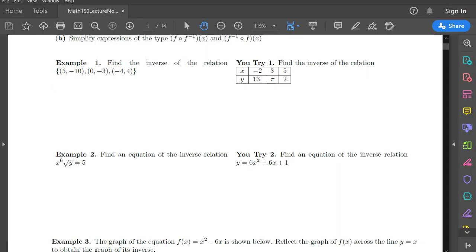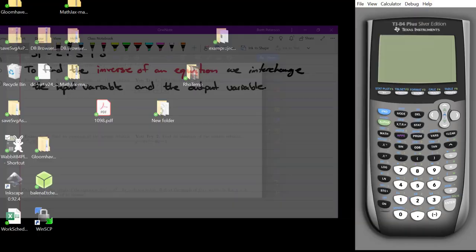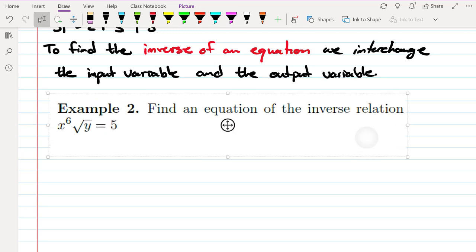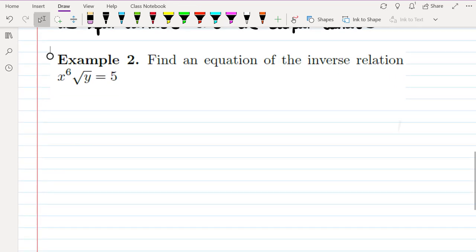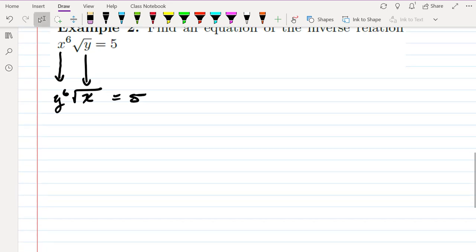So let's take a look at our next example. We want to find the inverse of this relation. So all of our x's are going to become y's, so we get y to the 6th power times the square root of our y becomes an x is equal to 5. And that would be the inverse of that equation.